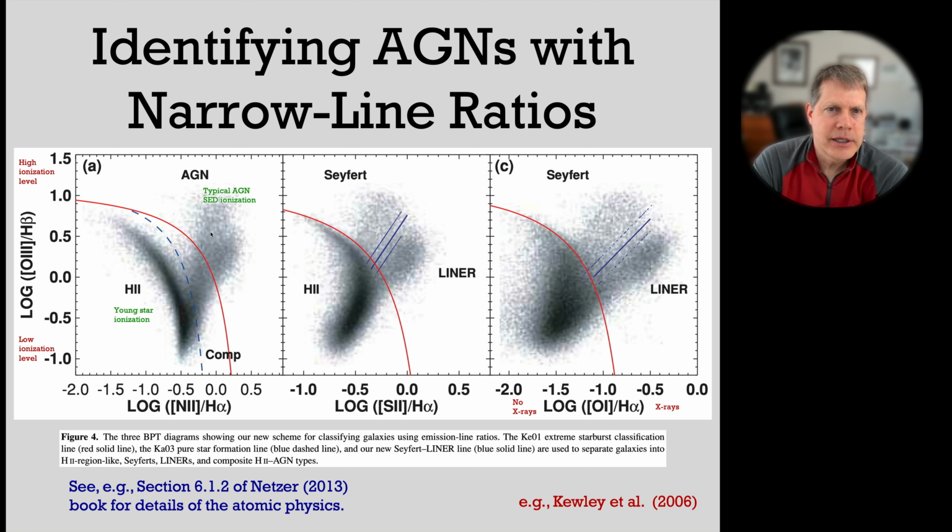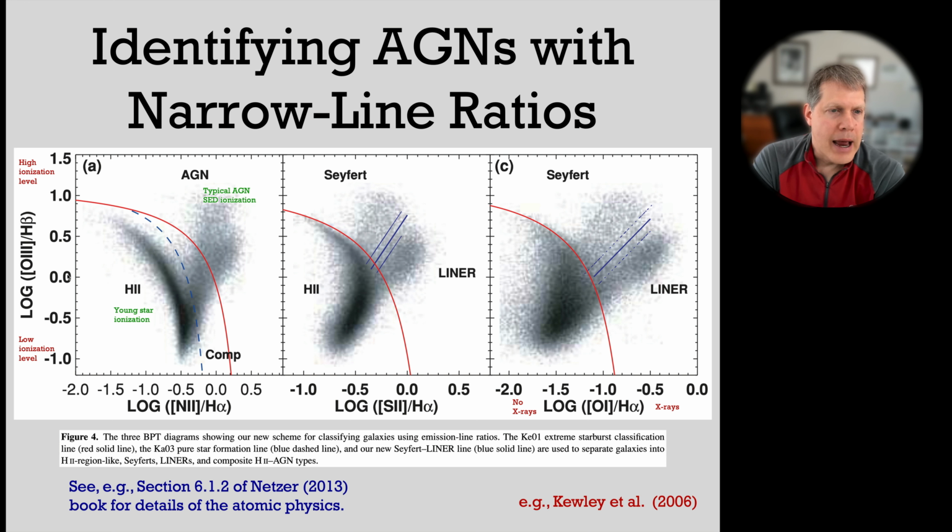Some of these galaxies may contain obscured AGNs, other ones not. And the question then is, how do you identify among all these spectra the ones that have AGNs in them? Well, you can utilize narrow line ratios to do that.